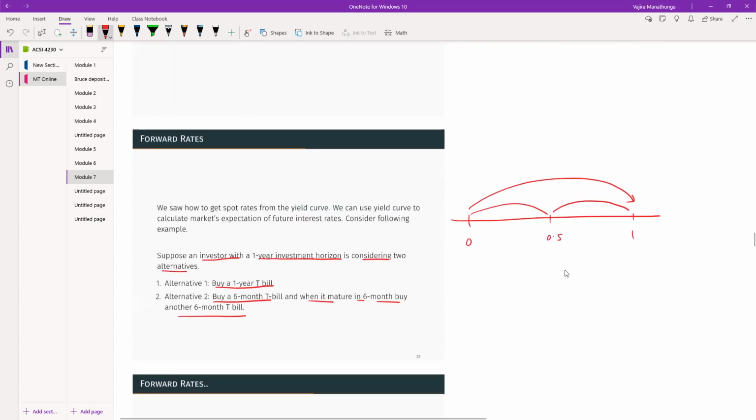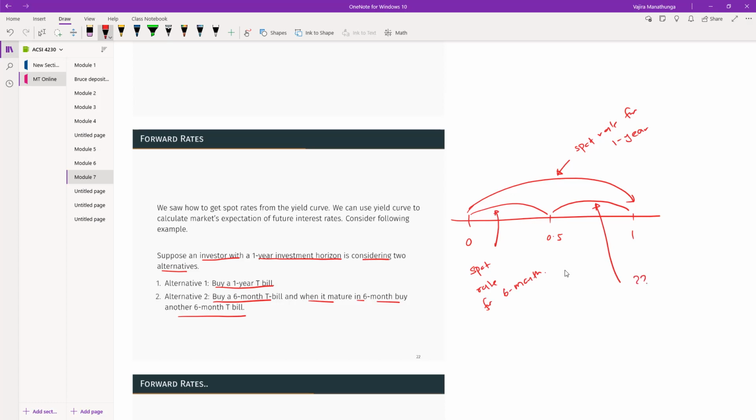So basically, you know the spot rate for a 1 year bond, which tells you what kind of rate you should use to discount an instrument which matures in 1 year, and you also know the spot rate for 6 months. So the question is, what is this rate?